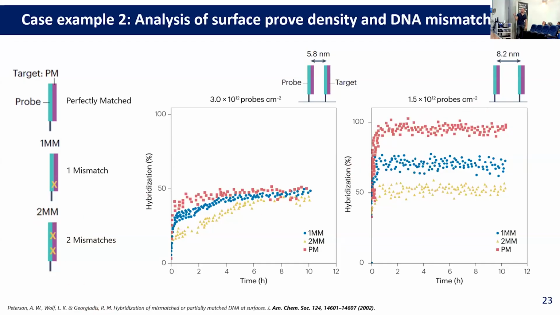But in the case in which the probes were really close to one another, they saw that the steric hindrance provoked by this closeness of the probes was much more important than actually the complementarity of the bases, because they could not reach more than 50% of hybridization, even if the kinetics were a bit faster for the perfectly matched samples.